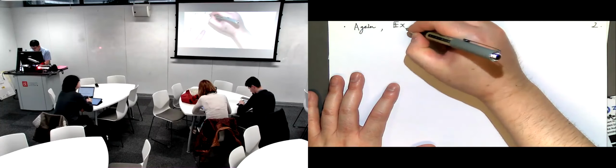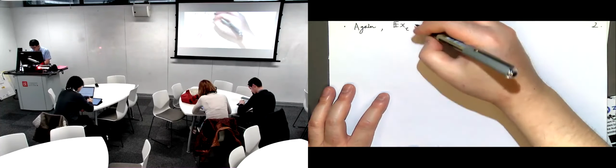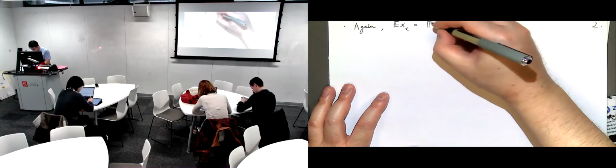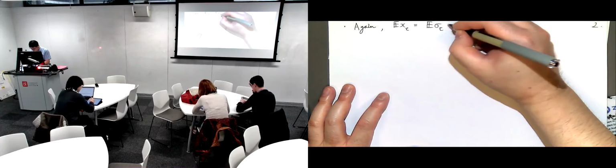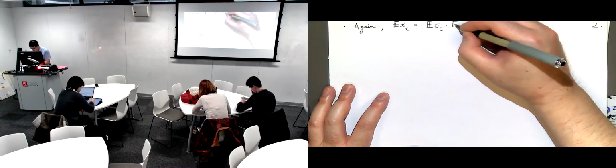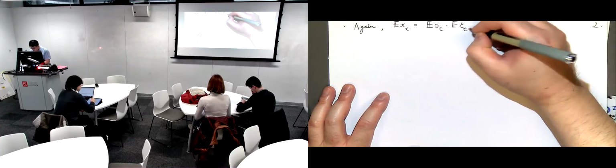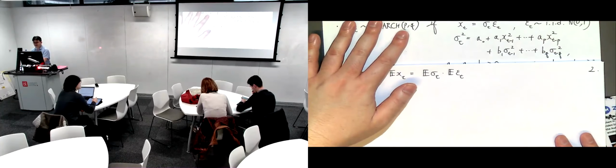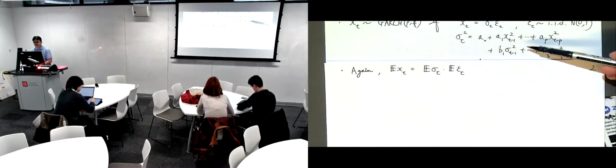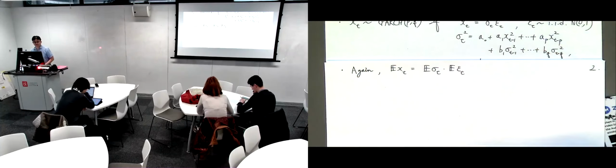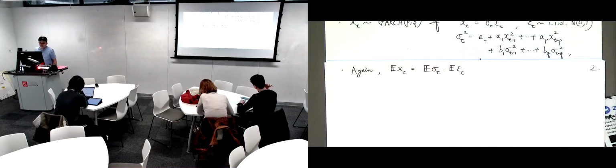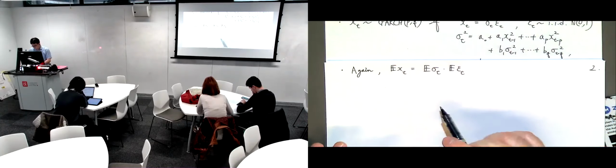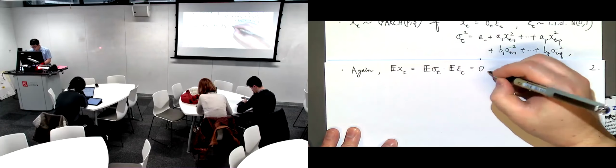Let's find the expectation of x t first, which is completely the same, because sigma t is also dependent on information up to t minus 1 only. So it will be completely independent of epsilon t, which is IID noise. And so of course then this will be 0.